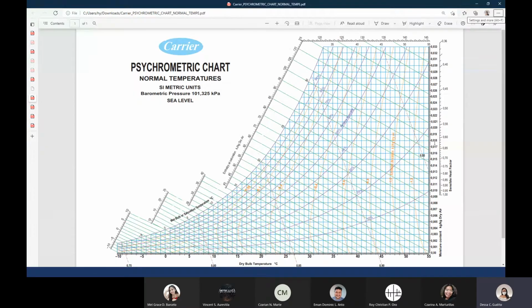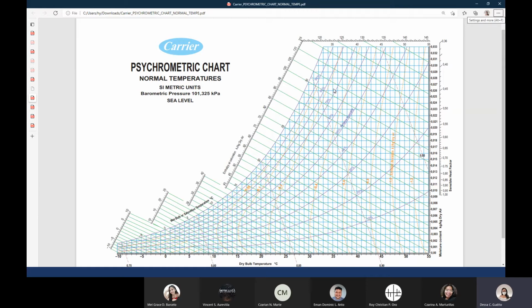So this is our psychrometric chart. The horizontal axis is the moisture content, W, and the green lines are enthalpy and the wet bulb or saturation temperature, and the dew point is at 100% relative humidity.